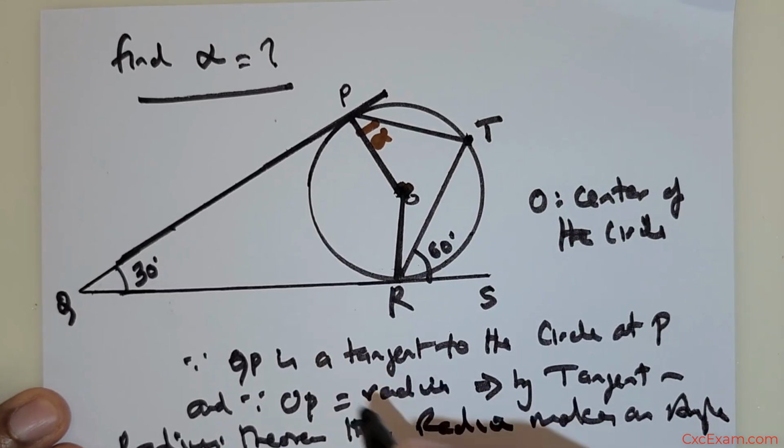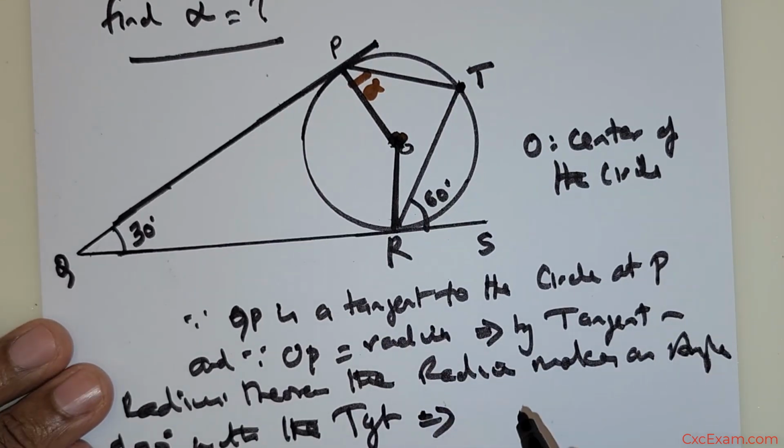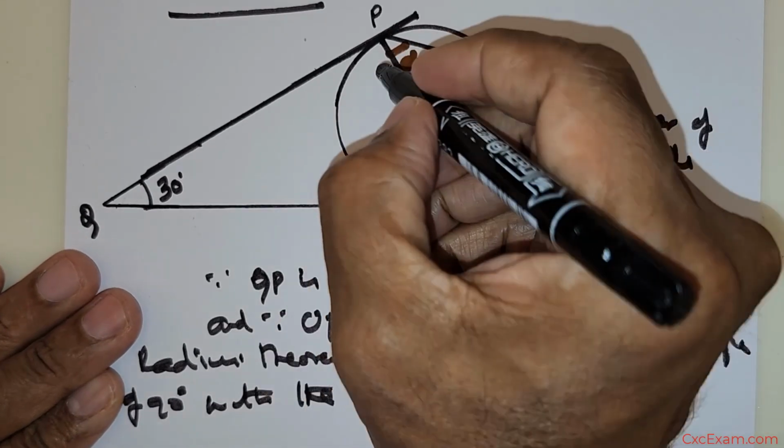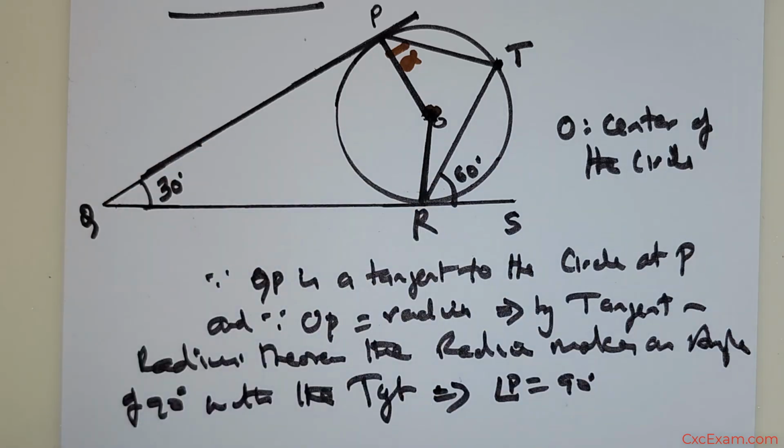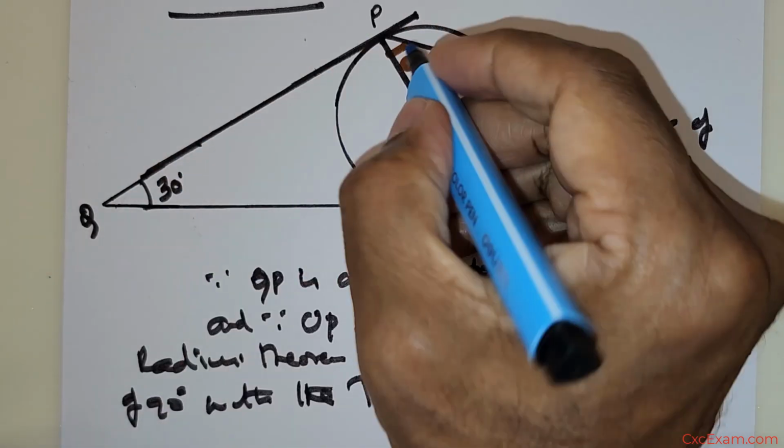So angle at P is equal to 90 degrees. So this angle is 90 degrees.